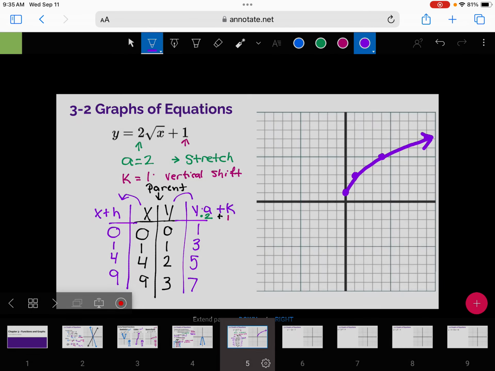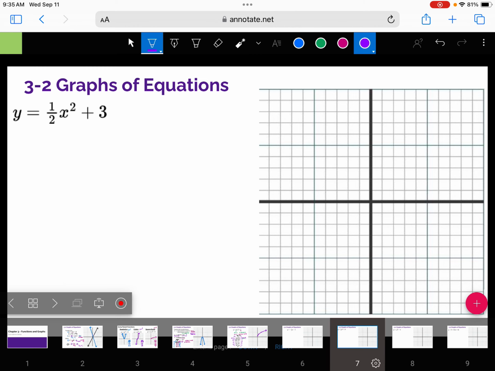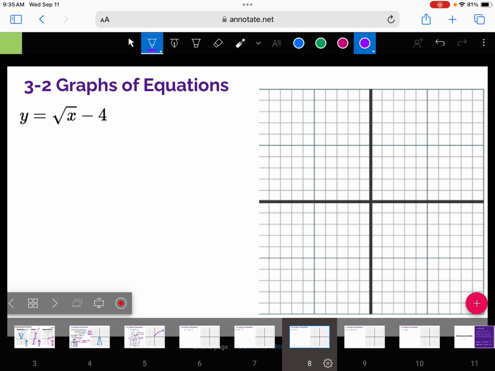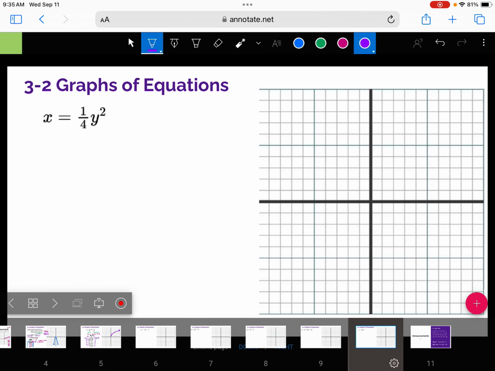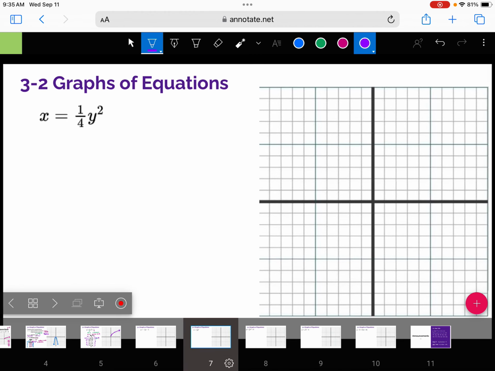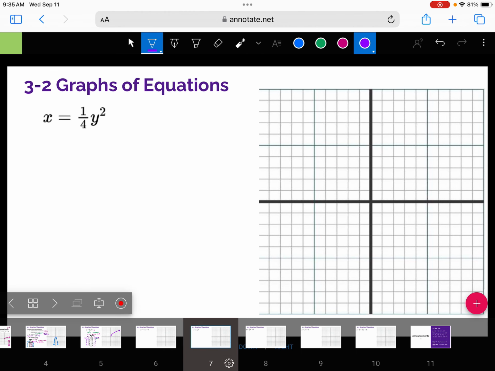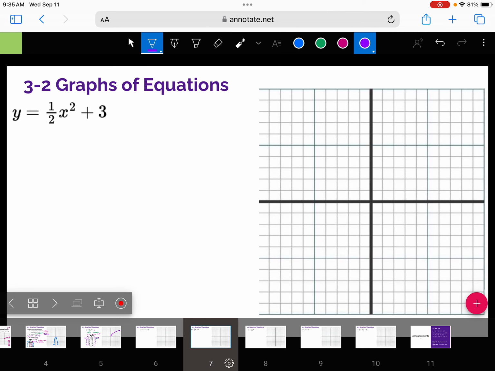Okay. So I have a couple I want to make sure we hit. I want to do this one for sure. So I'm trying to get my graph to move. There we go. All right.